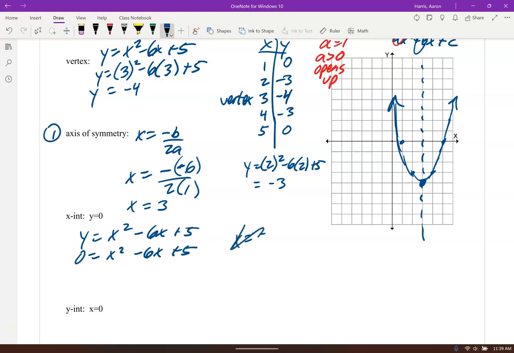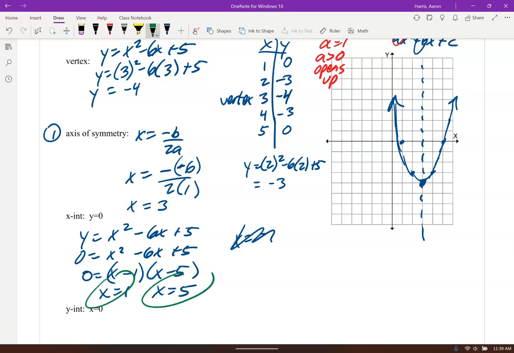Or, you know what, I'm not going to do that. I'm just going to factor this. This is easier to factor. So it looks like 1 and 5. Here they are right there and right there. We already knew that because I plotted some points and I got lucky and they happened to hit right there. But there's our x-intercepts across the x-axis.